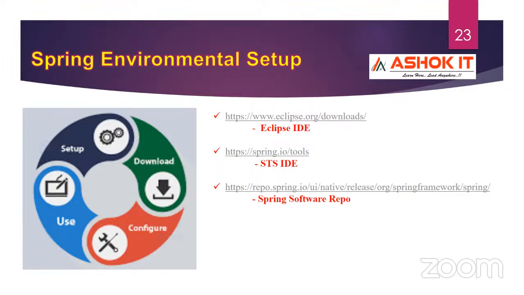Fine, guys. In order to develop applications using the Spring framework, first of all you need to install the Java software on your machine, with a minimum version of 1.8. That is the first primary condition.